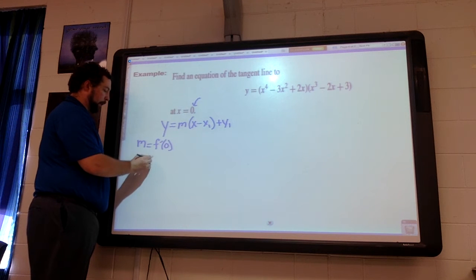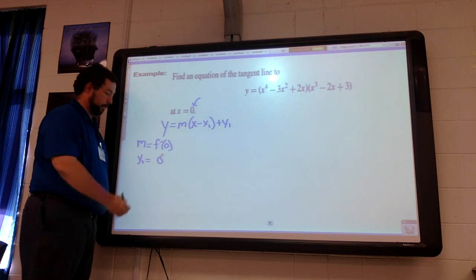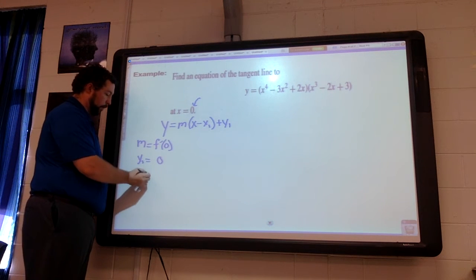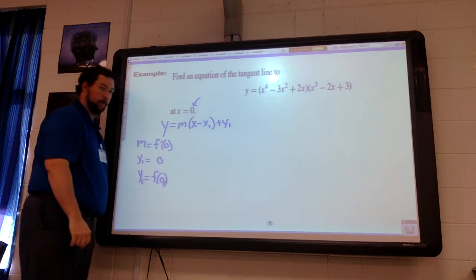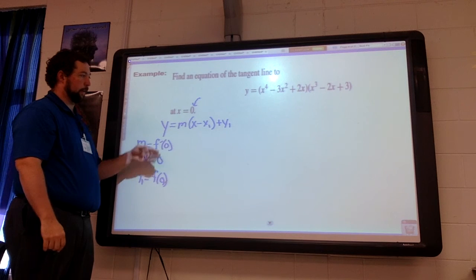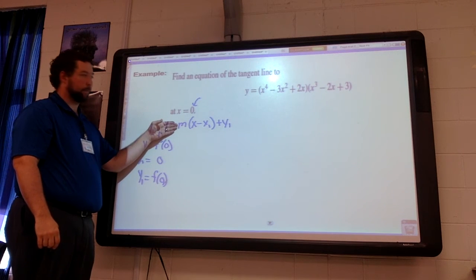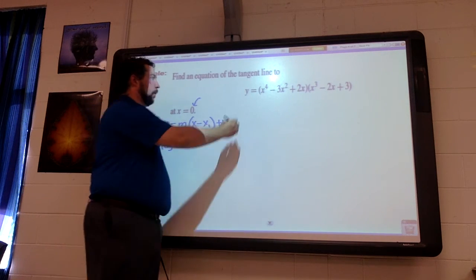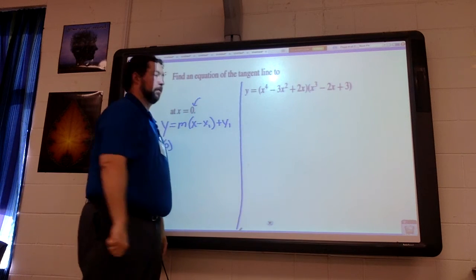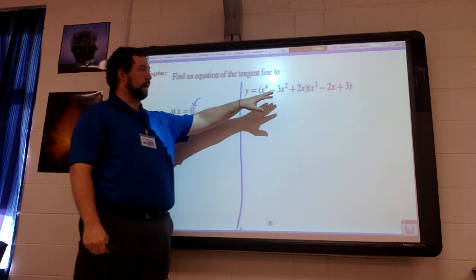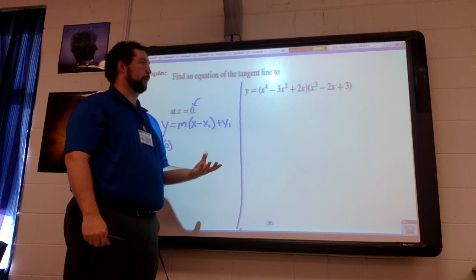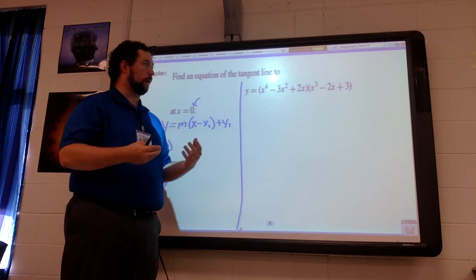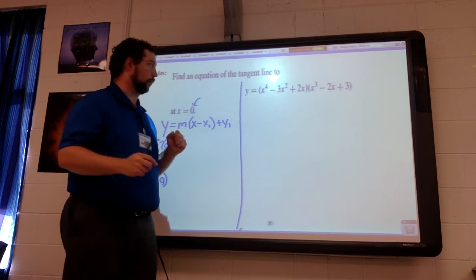The x1 is that point, which in this case is 0, and our y1 is the actual function evaluated at 0. Once you got those three things, you plug it in. All right, so let's do the hard part first. The derivative. Okay, we have a polynomial times a polynomial. We could distribute that all the way out, but we're probably going to miss something. So let's use product rule.